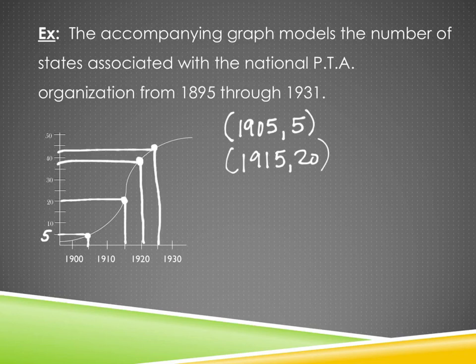These are not occurring on very nice values over on my y-axis right now, so I'm going to have to sort of estimate. It looks like it's about 38 and maybe about 43. I don't know, approximately. If yours looks a little bit different than mine, use what you have. That's fine. So my two data values then are not the same as before, of course. I've got 1920 and 38, and I've got 1925 and 43.